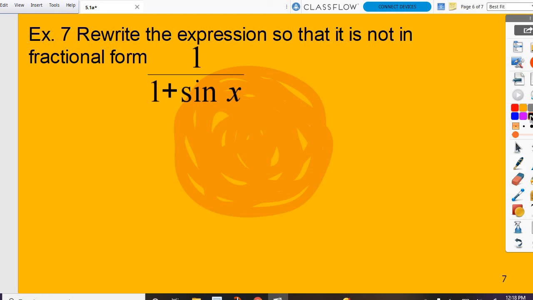If we chose to multiply by 1 plus sine of x divided by 1 plus sine of x, we would have to FOIL this. So 1 times 1 is what? 1. 1 times sine is what? Sine of x.